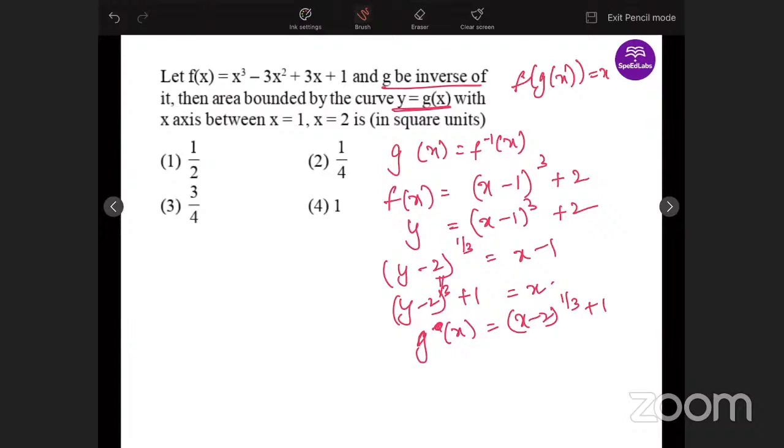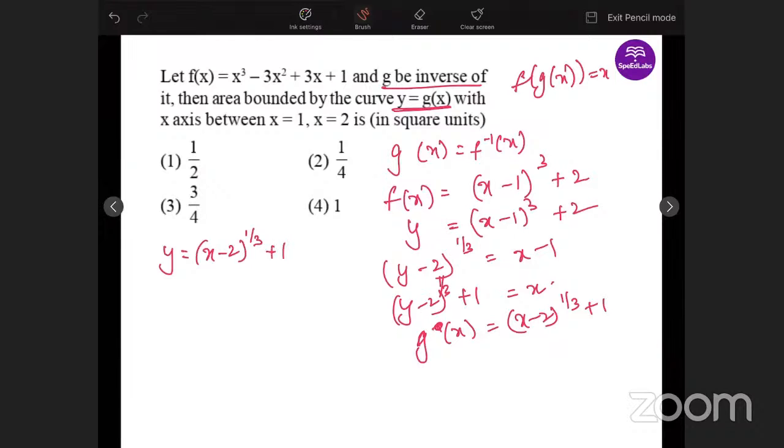what can we do? Can we plot the graph for this? Sir, won't the graph become quite messy? Okay. Suppose this is our y is equal to x minus 2 whole raised to 1 upon 3 plus 1, right?